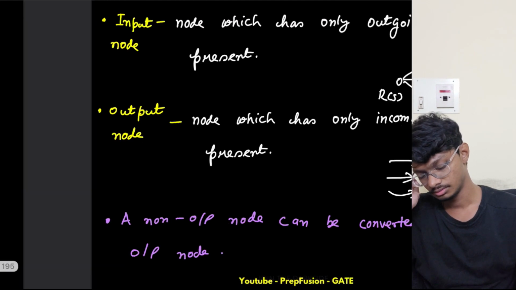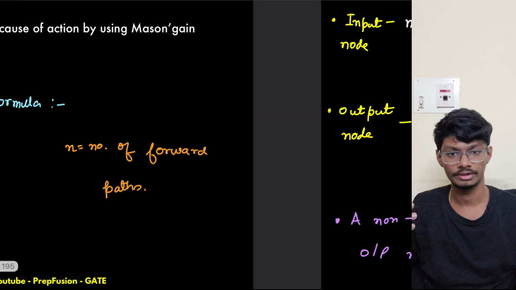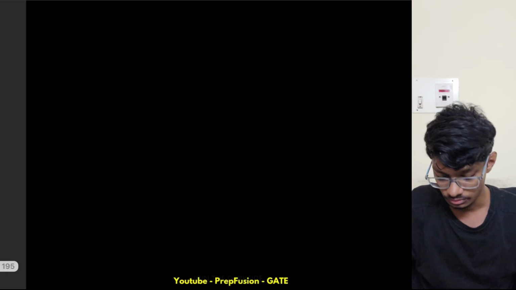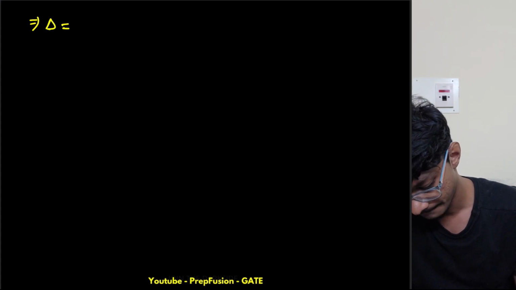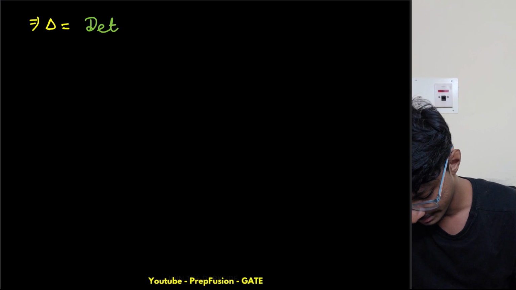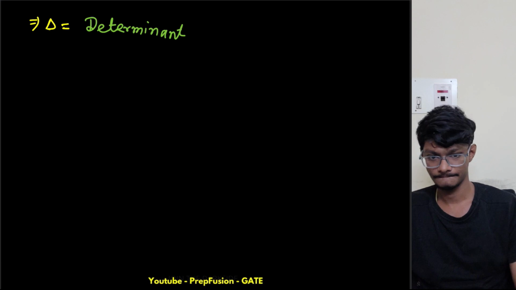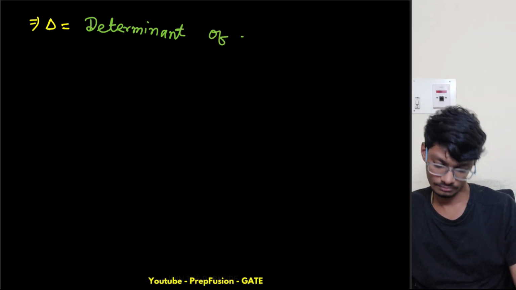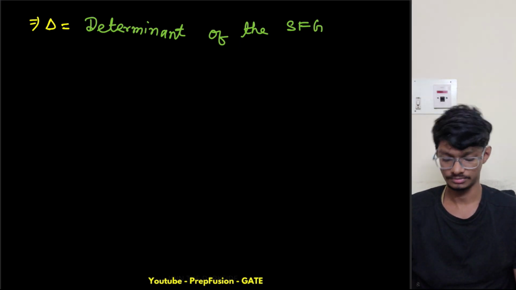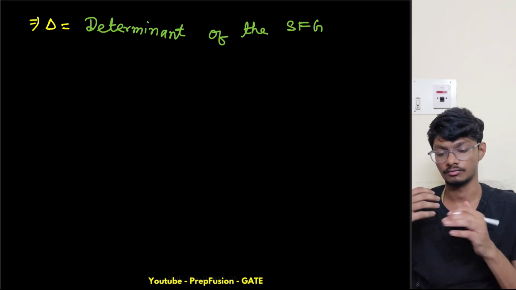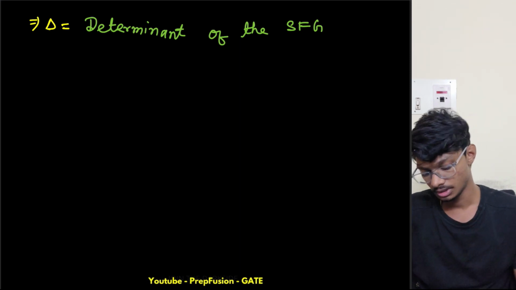What is this delta term without any suffix K? This delta is known as the determinant of the SFG. What is the formula for delta?